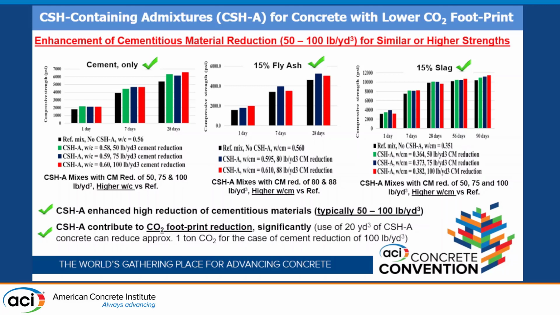For example, we can reduce 1 ton of CO2 if we use 20 cubic yards of concrete with a cement reduction of 100 pounds. So it's significant, okay. You need only 20 cubic yards of concrete with these admixtures, and we are able to reduce 1 ton of CO2.